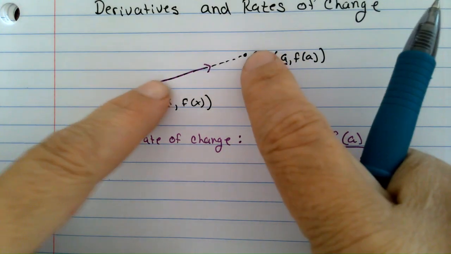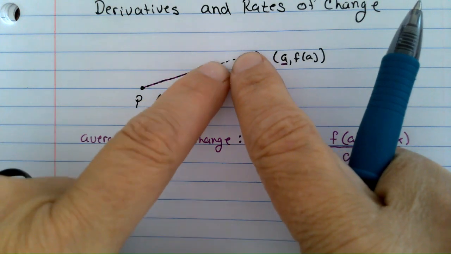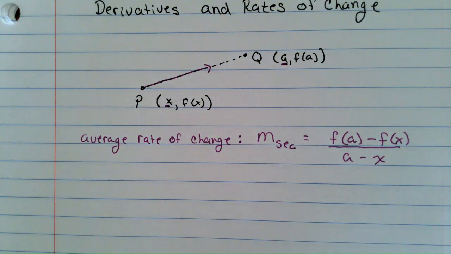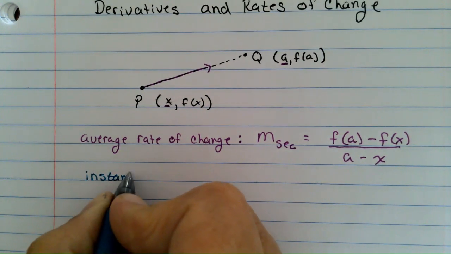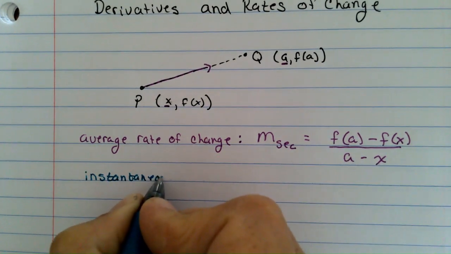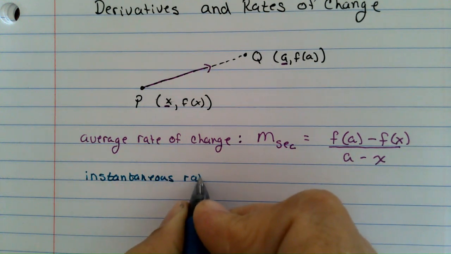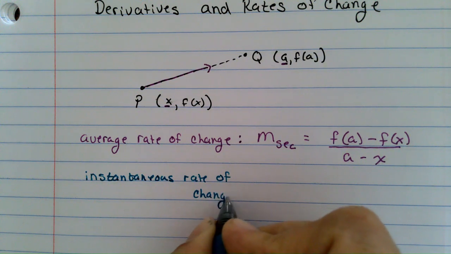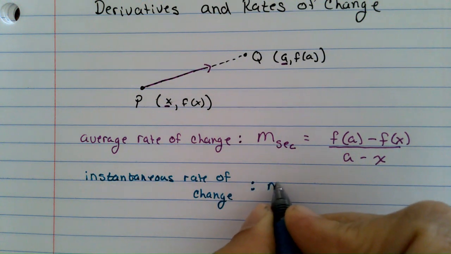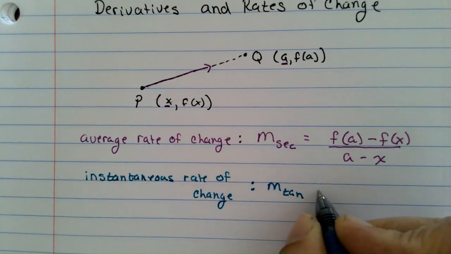We'd be getting closer and closer to a single point, which means we'd be getting closer and closer to the instantaneous rate of change, which would be the slope of your tangent line.